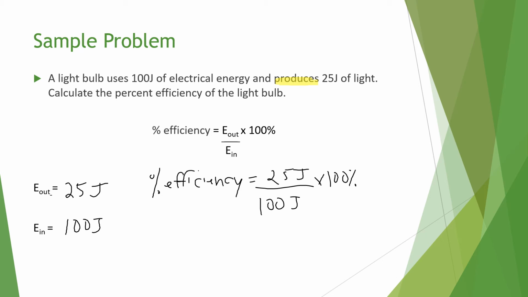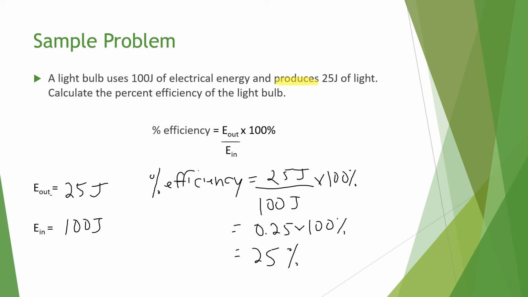So we can do the 25 divided by 100 first. That's the first step, the division. That's going to give us 0.25. And then we're going to times by 100%. That gives us 25%.